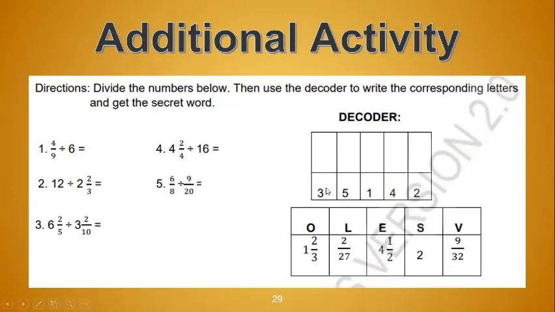For example, if your answer in number 3, 6 and 2/5 divided by 3 and 2/10, is 1 and 2/3, then this letter O, you're going to write it here. Then go with number 5, number 1, number 4, and number 2. At the end of that, if you complete these 5 letters, you can have the secret word.